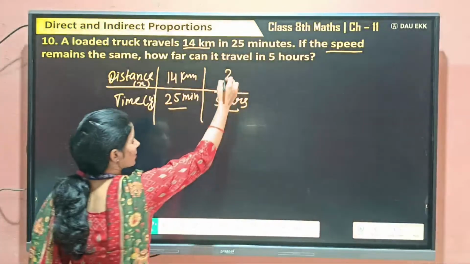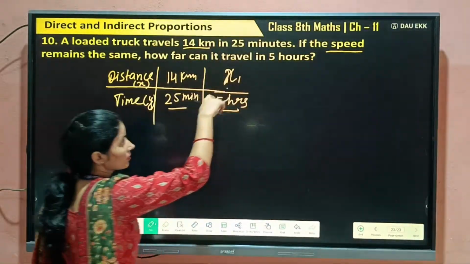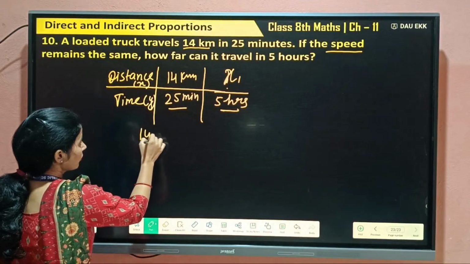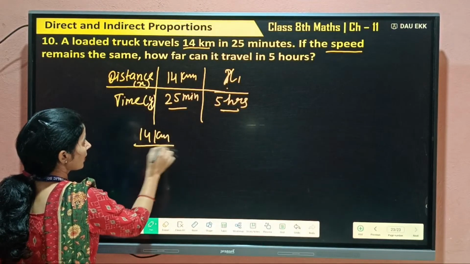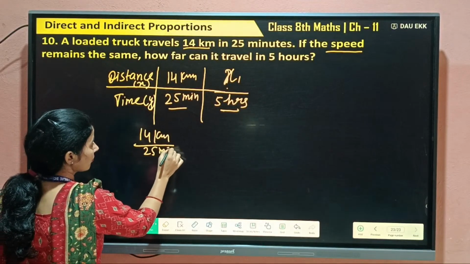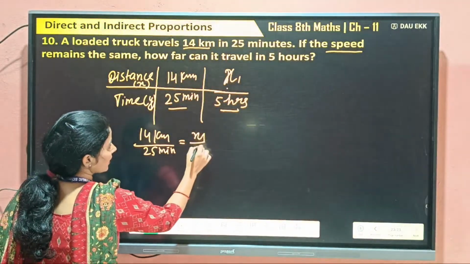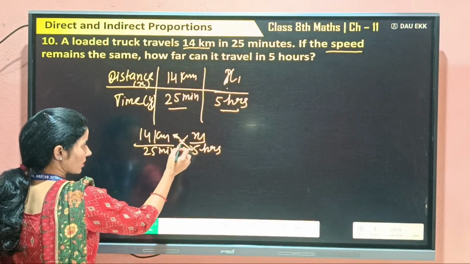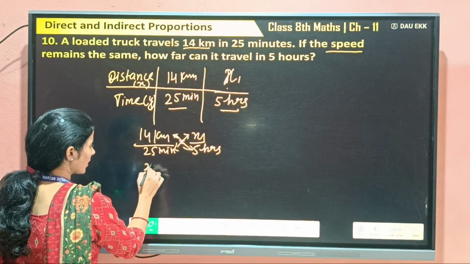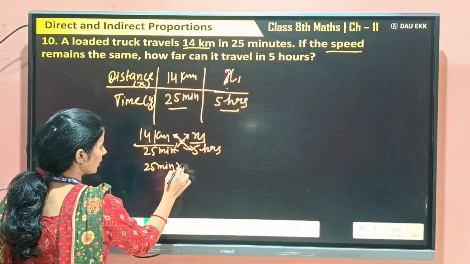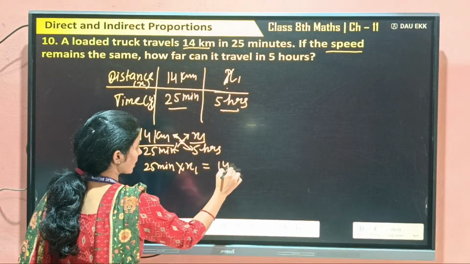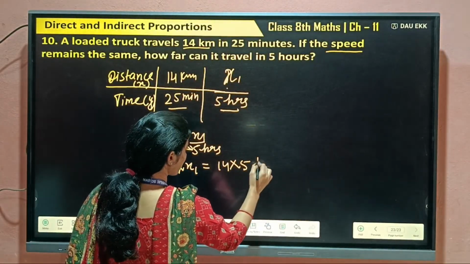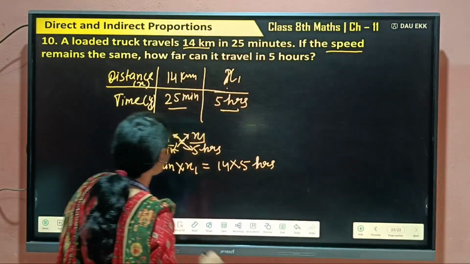So you can write x1 distance this truck will travel in 5 hours. So you will write 14 kilometer by 25 minute equals x1 by 5 hours. Using cross multiplication, 25 minute into x1 equals 14 into 5 kilometer hours.